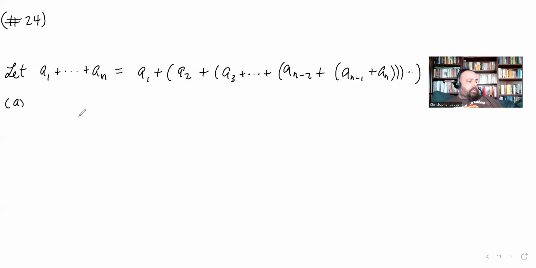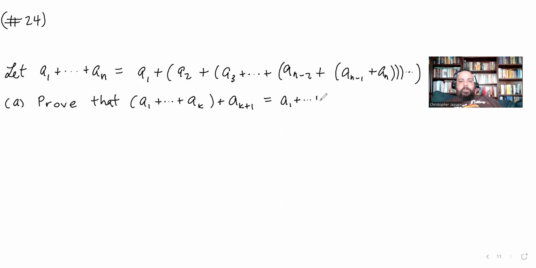So part A says this: prove that A1 plus up to AK, plus AK plus 1, is equal to A1 plus dot dot dot up to AK plus 1.